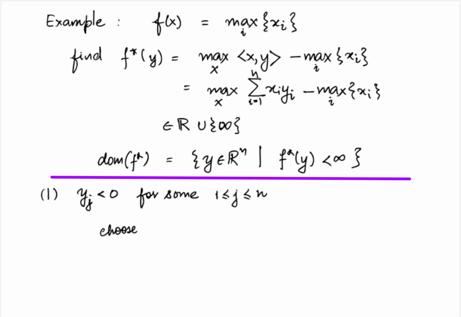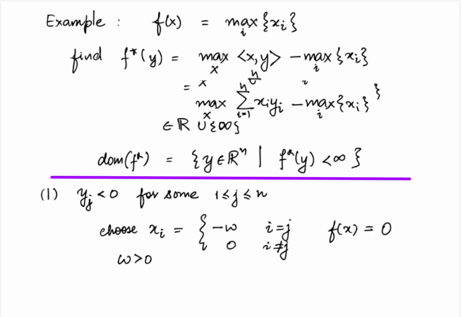Then let us choose xi equal to minus omega for i equal to j and 0 otherwise, where omega is a positive number. So we have set the jth entry of x as a negative number, minus omega, and all other entries as 0. We can see that f of x, which was max over i of xi, is equal to 0 in this case.